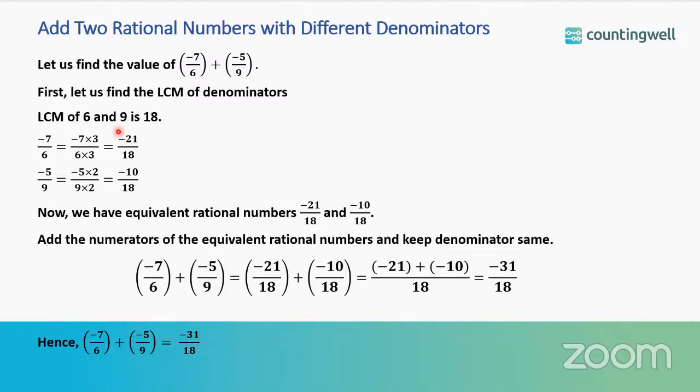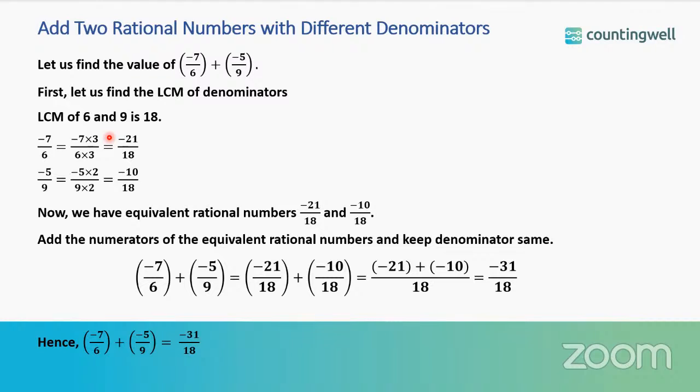Now, as the LCM is 18, we have to write 6 as 18. So we multiply 6 by 3, and the same number we multiply to the numerator, which is minus 7. So minus 7 multiplied by 3 divided by 6 into 3 will be minus 21 by 18.